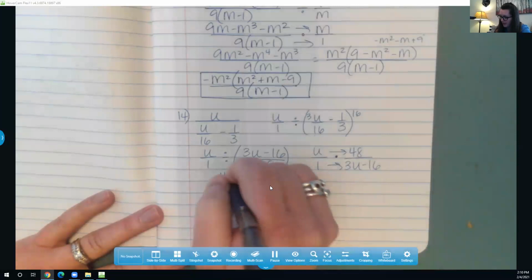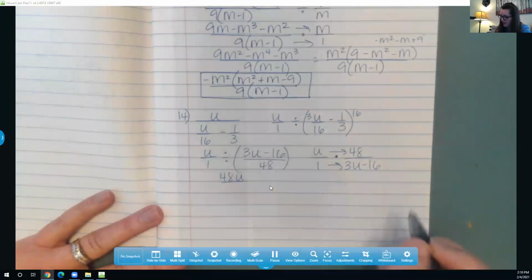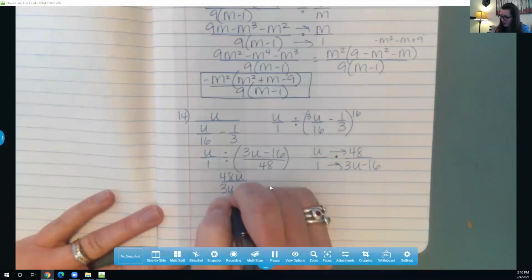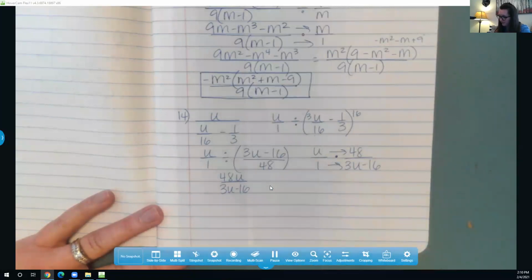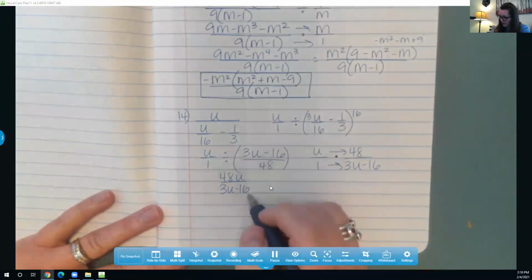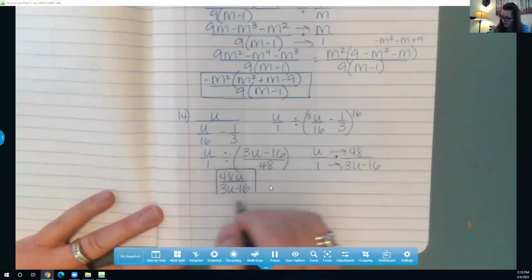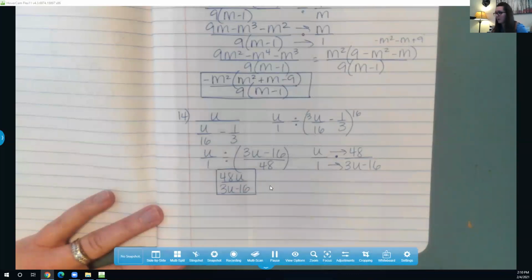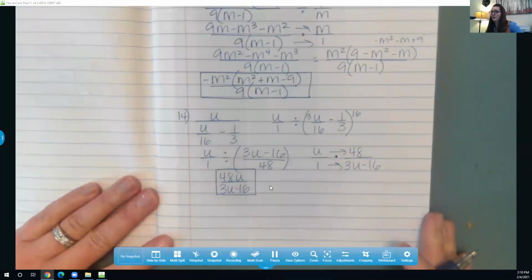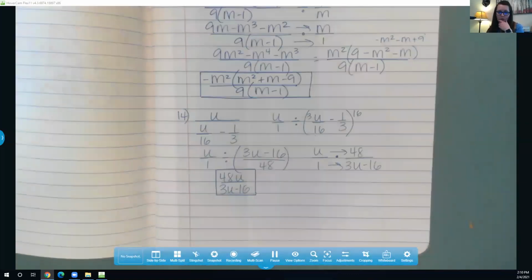We get 48u divided by 3u minus 16. I can't factor out a 3 here, so this is just going to be my answer. That's my simplified form there. That's number 14. So as you're working through number 15 and 16, just keep in mind that you need to do that subtraction first before you cancel anything out, okay?